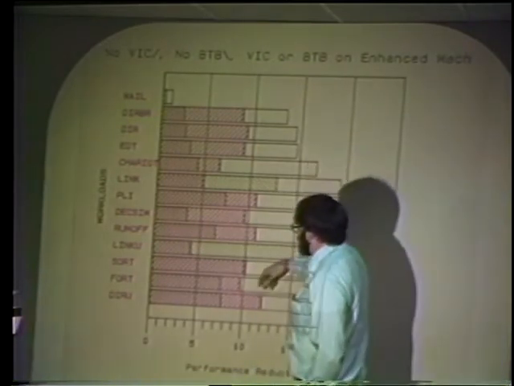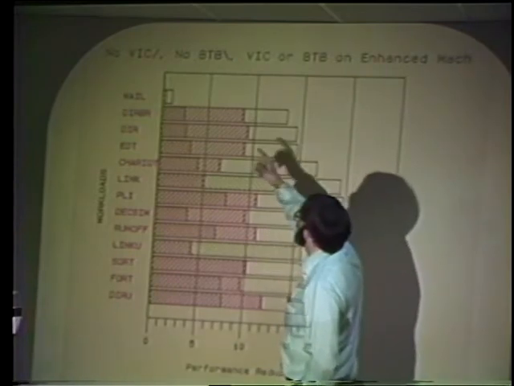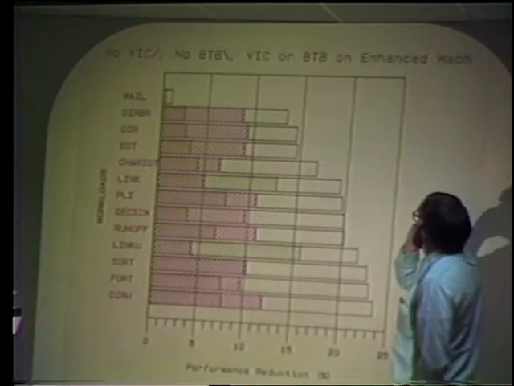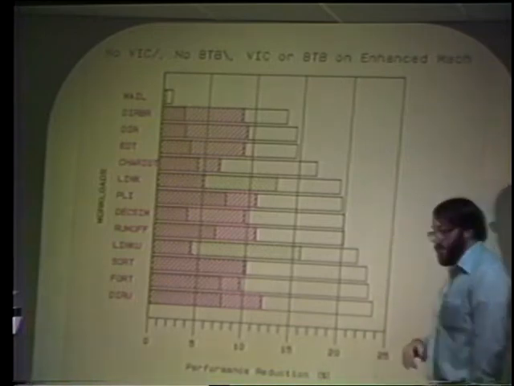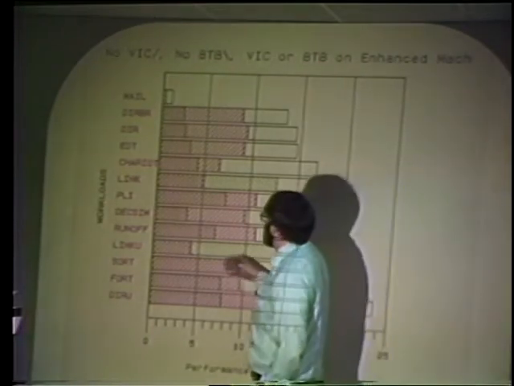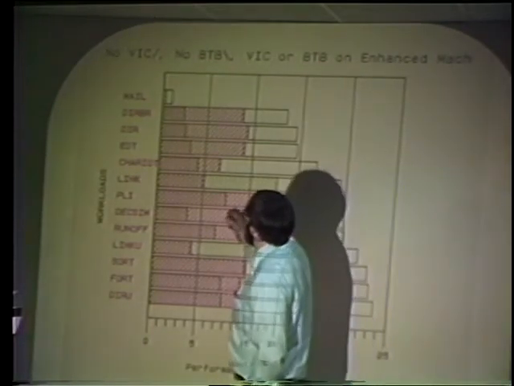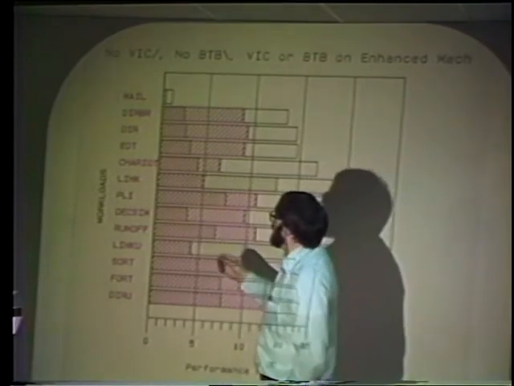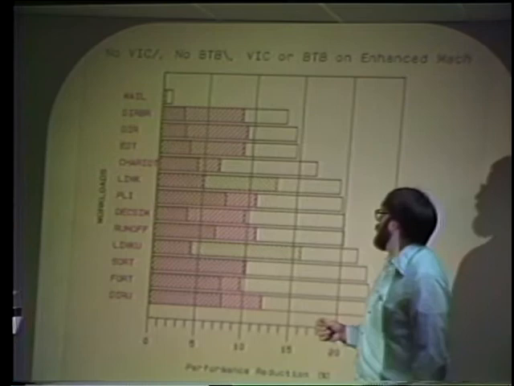The crosshatch lines going downwards, this set here, is no branch target buffer, and this outer envelope is neither the VIC nor the branch target buffer. So the only point of this was that now you can look at the envelope of the intersection between the benefit provided singly by the VIC or singly by the branch target buffer.